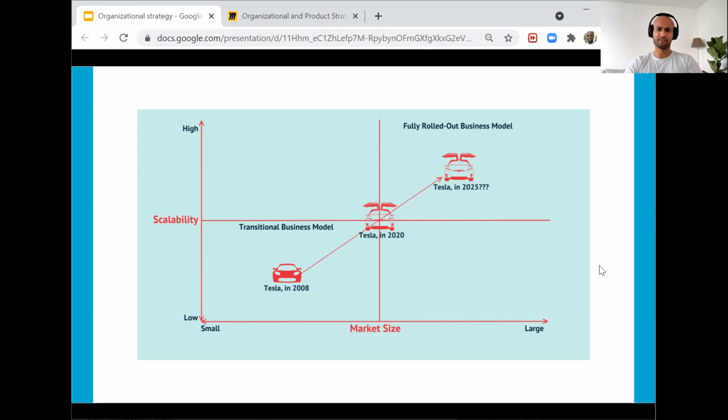So this is something that's called a transitional business model, where you transition from an initial strategy to a later one with the help of scale. A lot of companies use this transitional business model to enter a market, usually starting with a niche audience.